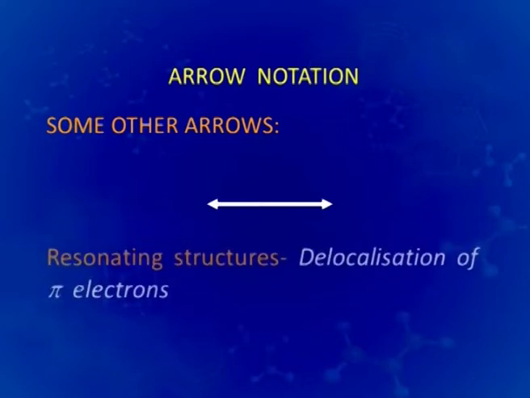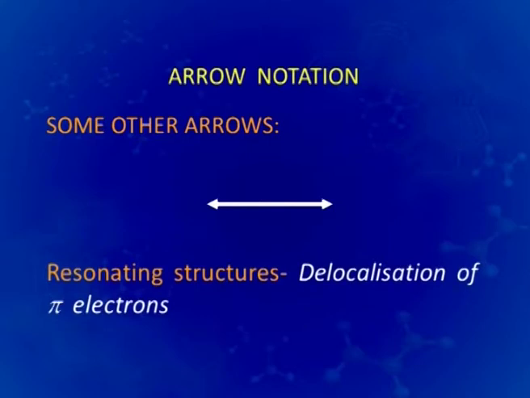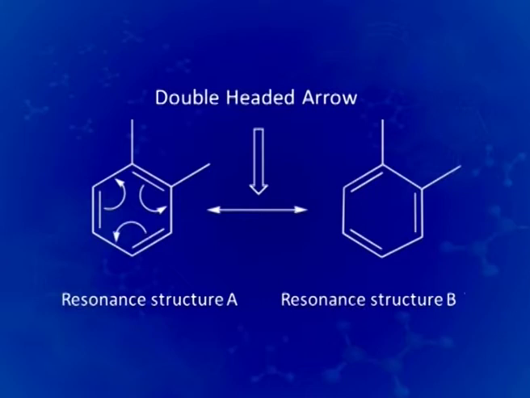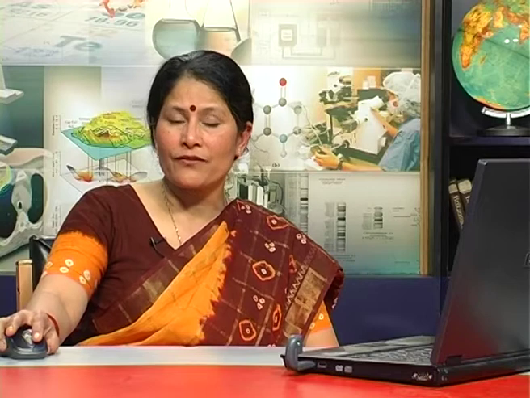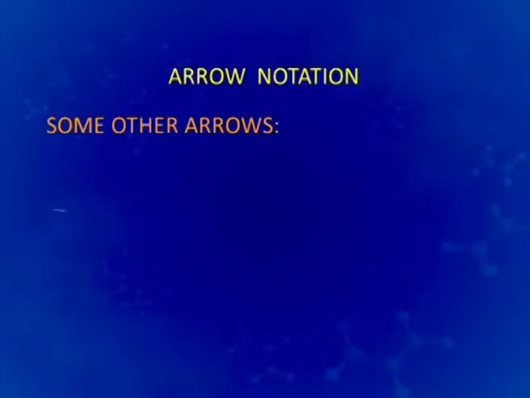Resonance is the delocalization of pi electrons, as you must have seen in the case of benzene and many other conjugated alkenes or unsaturated compounds, which are stabilized due to the presence of resonance. While explaining the stability of a number of molecules, we will come across this a number of times.